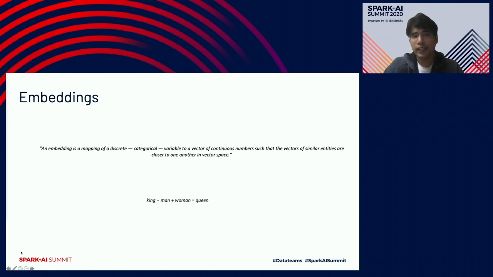So the overall idea is for embeddings to learn the context behind those words, to understand the words or the categories in a similar way that we do, right?